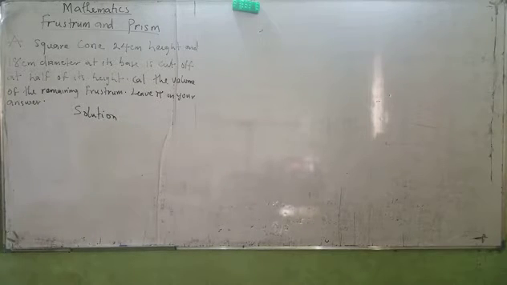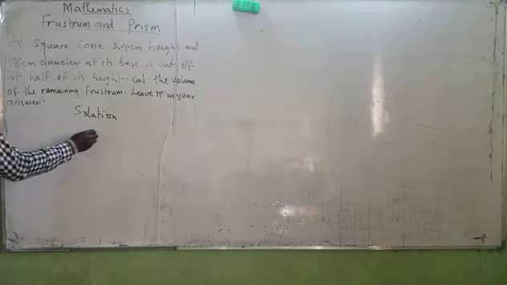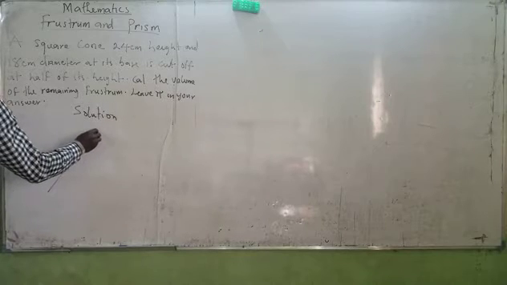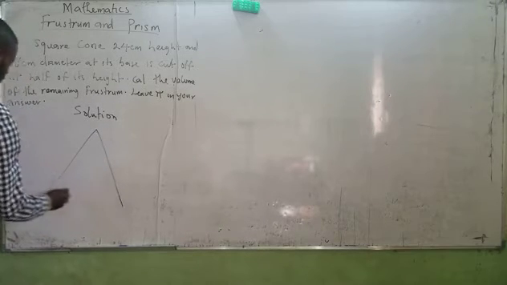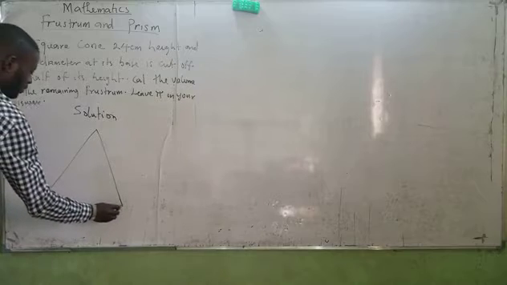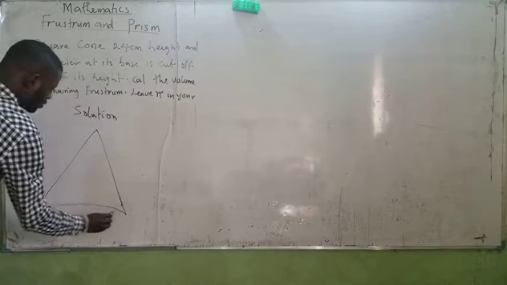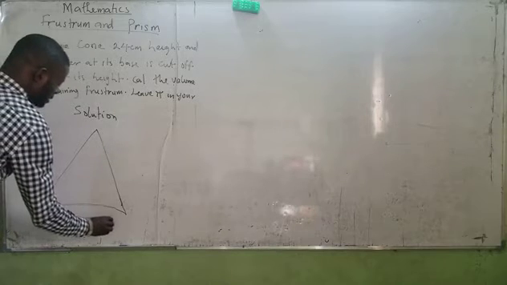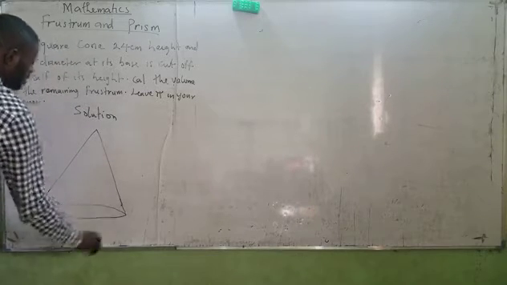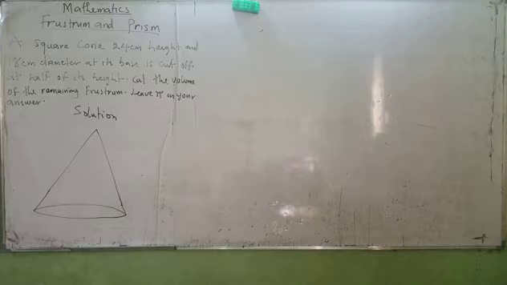This is a cone. Therefore, you'll be having a cone. This is how a cone looks like. This is a cone, and this is a cone. Can you see this is a very good cone? And it's being cut off.